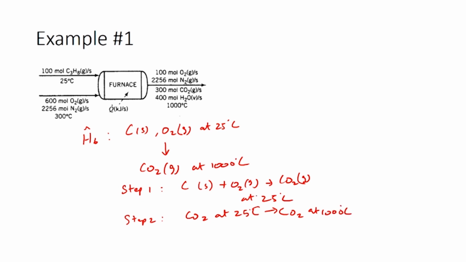The first step basically would be the heat of formation obtained for the change in enthalpy. The second step would be integral Cp dT, or you can get that value from the enthalpy table or the combustion tables.